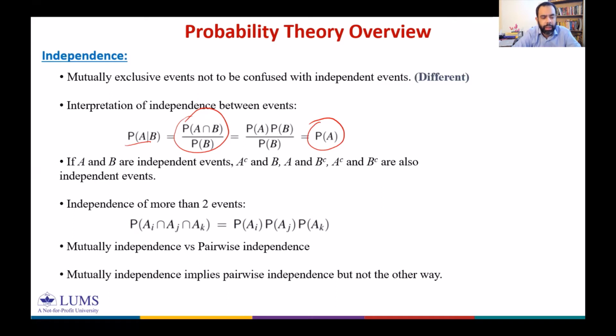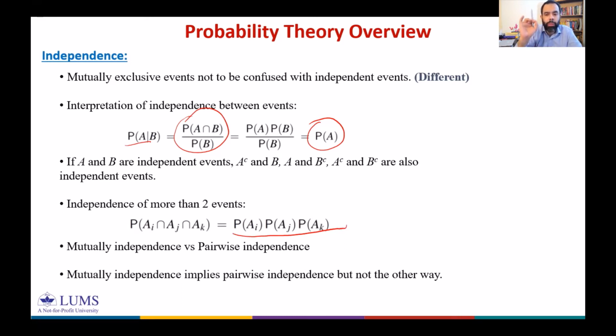We can extend the notion of independence for more than two events. If you have, say, AI, AJ, and AK are three independent events, the joint probability of these three events can be written as a product of individual probabilities. This is a very, very important concept.